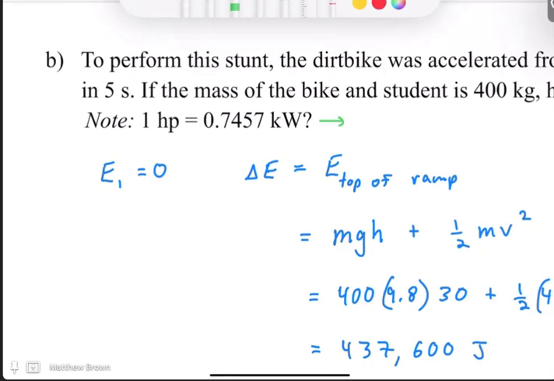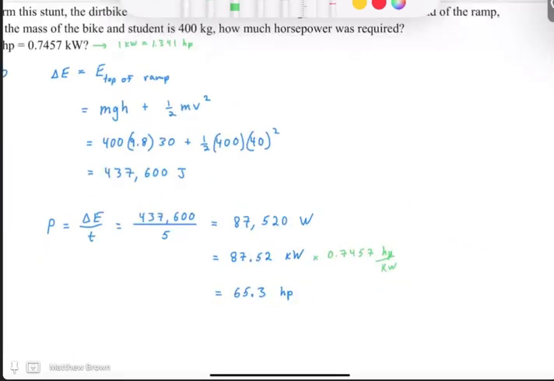So if I actually take these numbers and divide, that means 1 kilowatt equals 1 divided by 0.7457, which is 1.341 horsepower. And that's the number I actually should have used here.